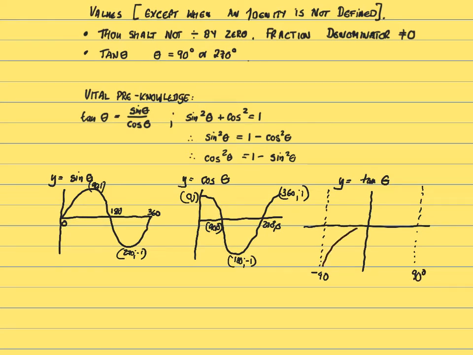Then my graph is going to look something like that. Remember, at 45 it is equal to 1. At minus 45 it is equal to negative 1. And if it carried on here, it would go through 180 and 0, and so it would continue.